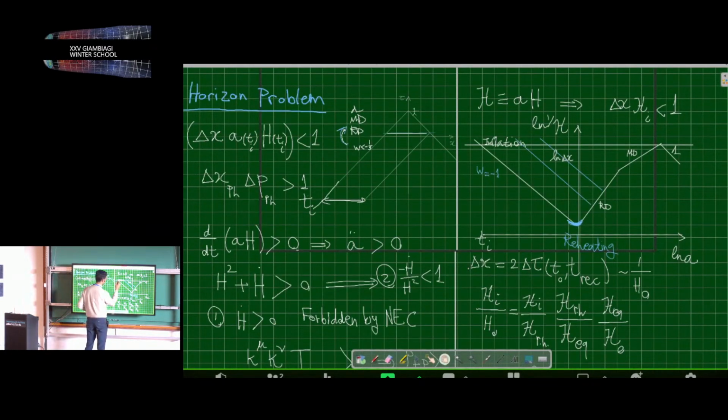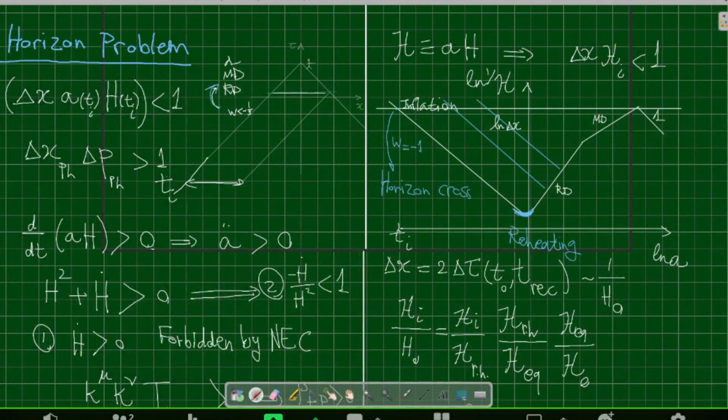So this point, when a given co-moving distance becomes equal to the inverse of the co-moving Hubble, is often called horizon crossing. You will hear me saying this a lot.